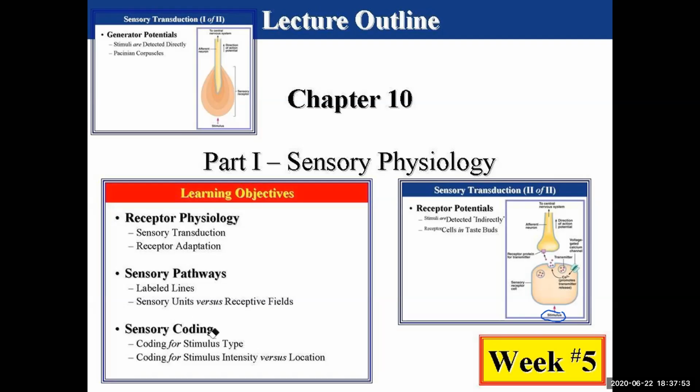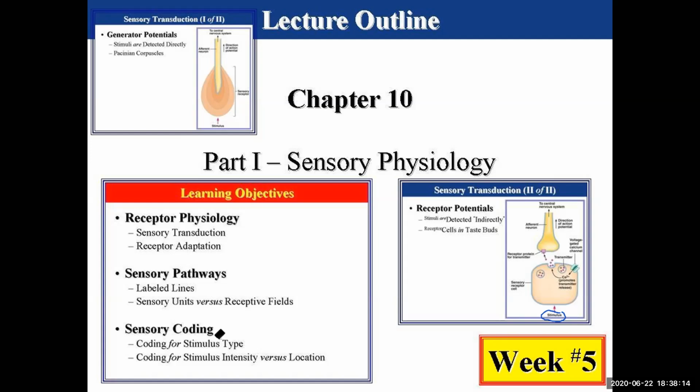And then a very, very beautiful concept, sensory coding. How does the brain understand the nuances of this variety of modalities, even though we have only one single prototype of action potential, one intensity?